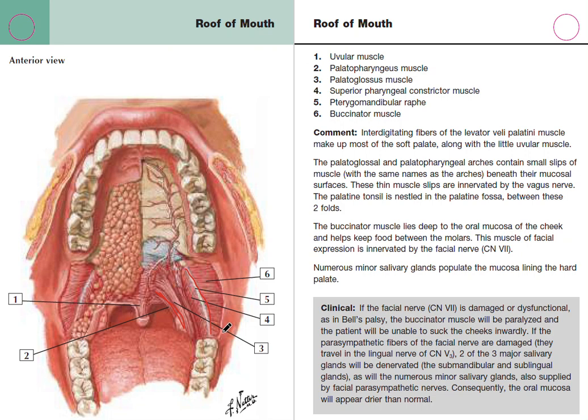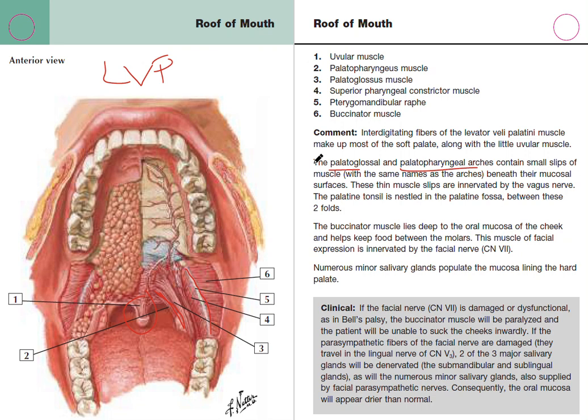Interdigitating fibers of the levator veli palatini muscle make up most of the soft palate, along with the little uvular muscle over here. The palatoglossal and the palatopharyngeal arches contain small slips of muscle beneath their mucosal surfaces.